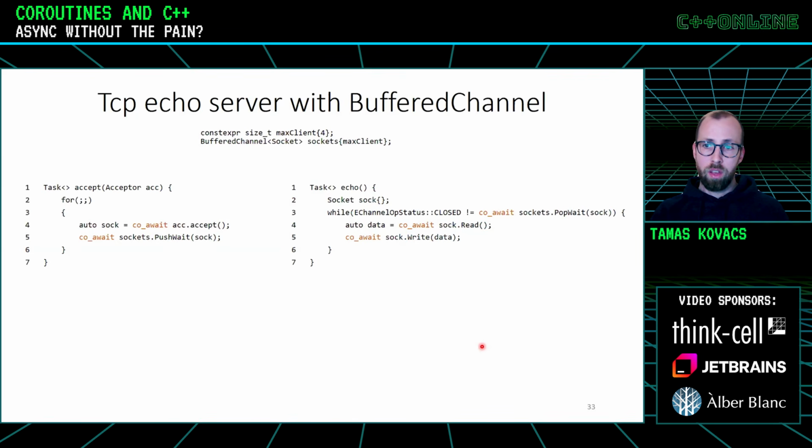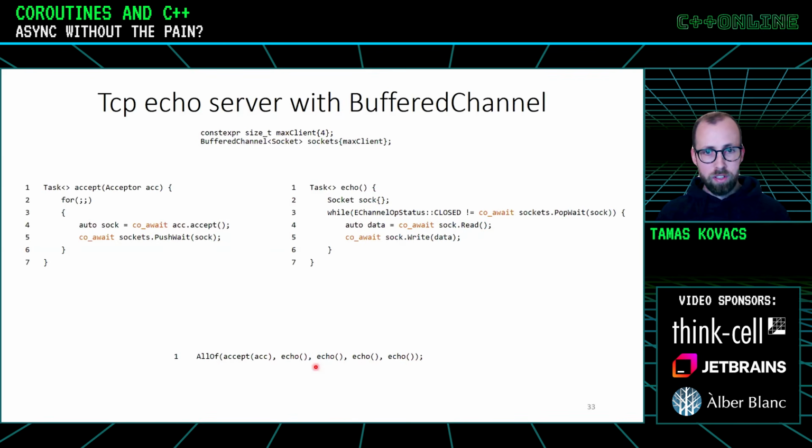So even though the coroutines appear sequential, the underlying IO is fully asynchronous. And finally, we launch everything by using the all-of combiner. One coroutine for accepting connections, and 4 coroutines handling clients concurrently. By launching 4 echo coroutines, we can serve up to 4 clients simultaneously, which matches exactly the max client buffer size we defined earlier.